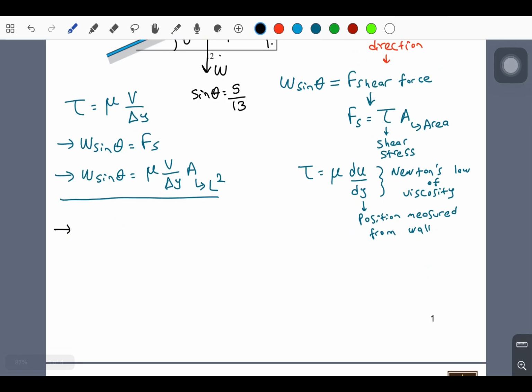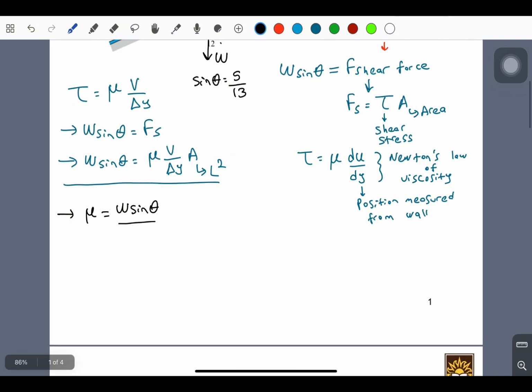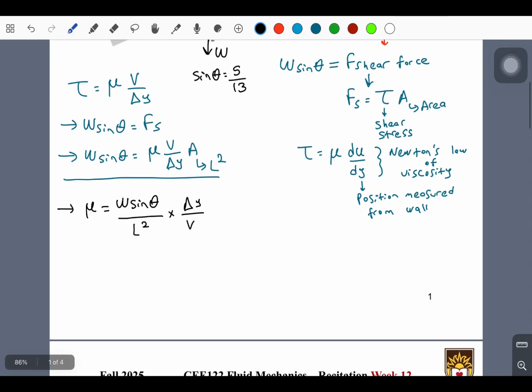So in this case, if we leave the dynamic viscosity alone, we will get weight, sinus component of the weight, L square, the distance from the wall, and the velocity. And this will make our question.